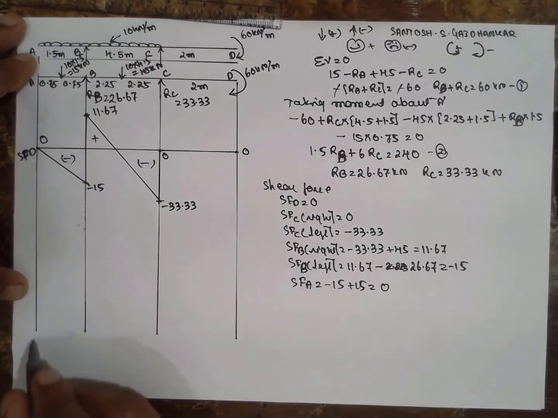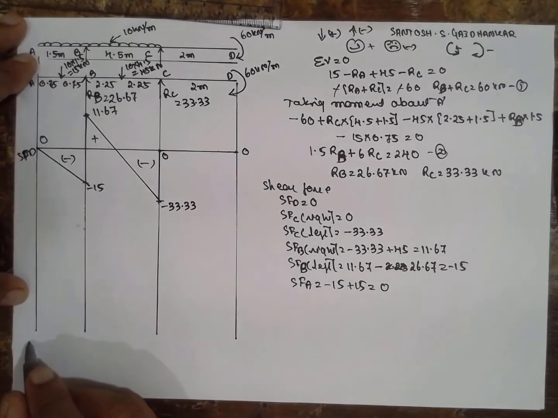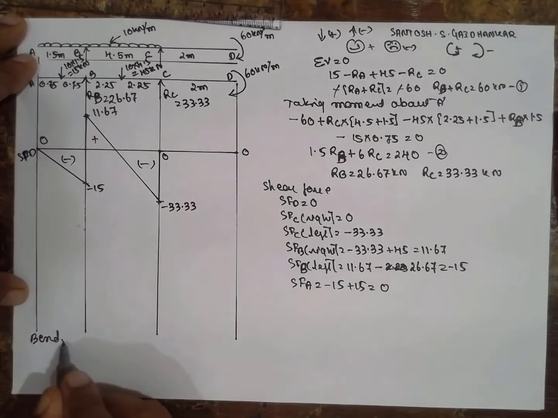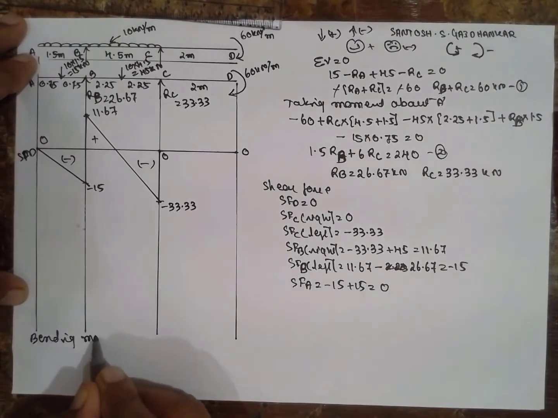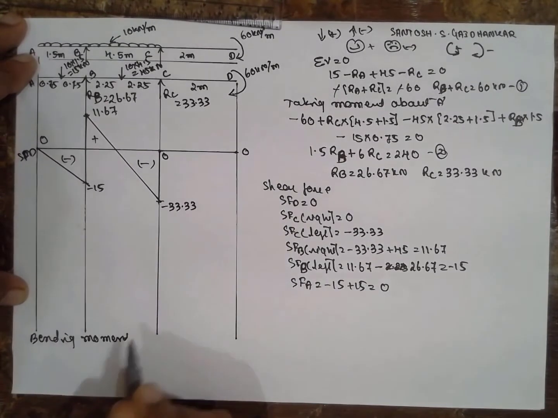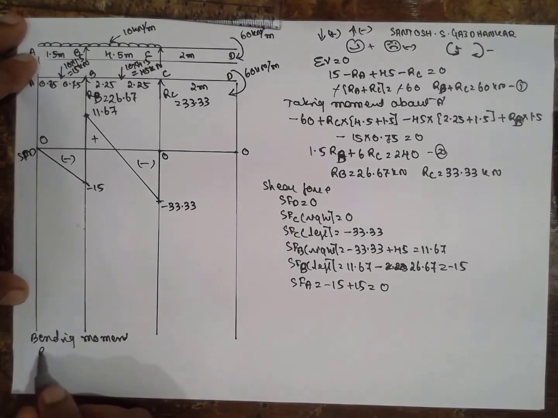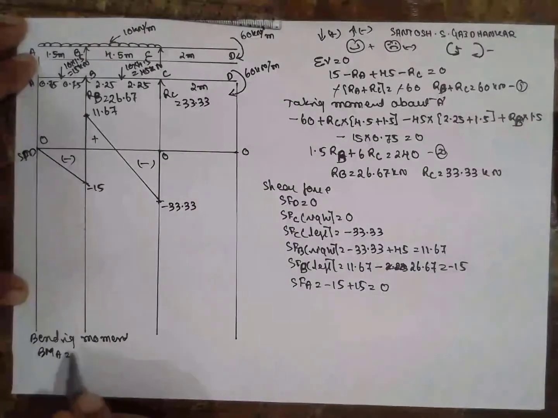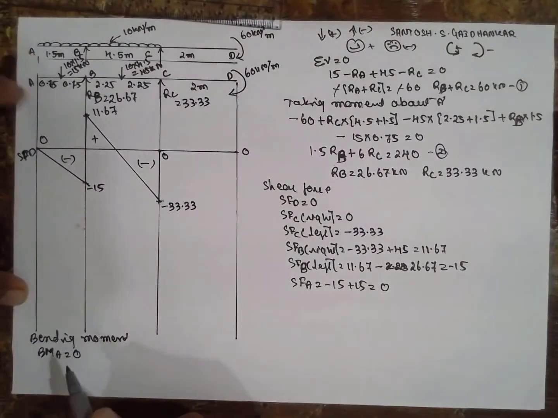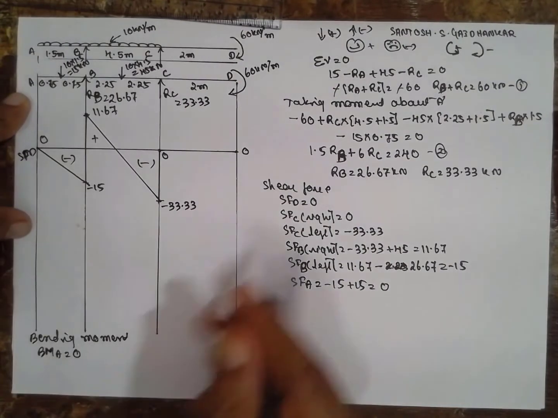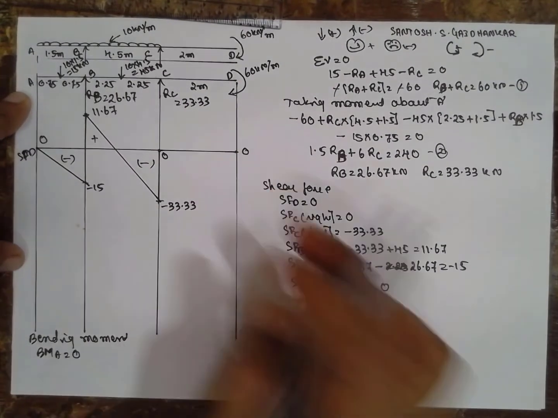Now go for bending moment. Bending moment at A, if you calculate, will be 0, and bending moment at D will be 0.